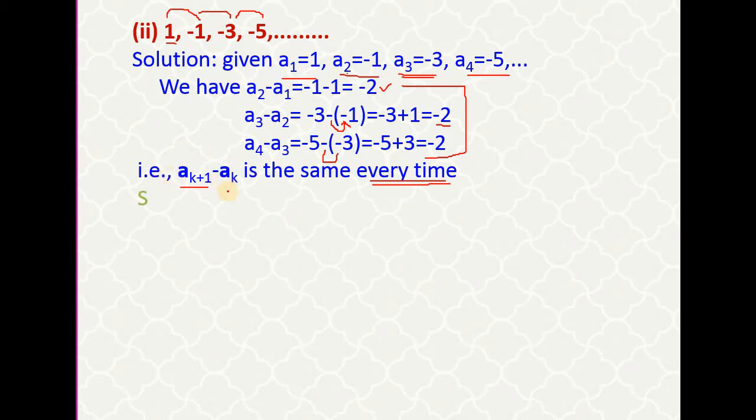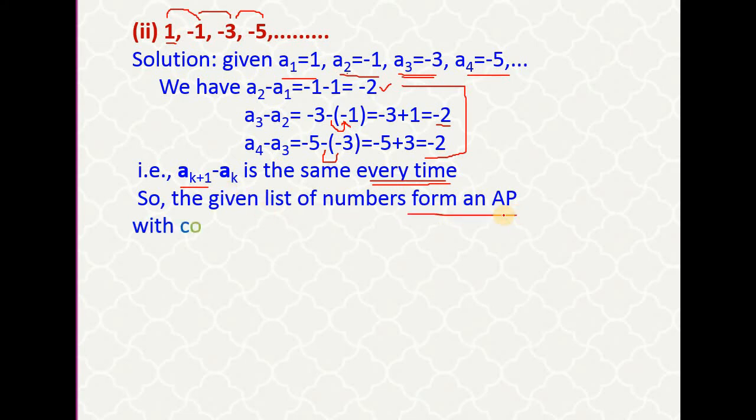Okay. Now here, the given list of numbers forms an AP. Therefore, the common difference is minus 2 in this arithmetic progression. Now we have to find the next two terms.